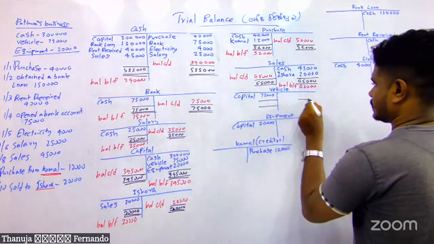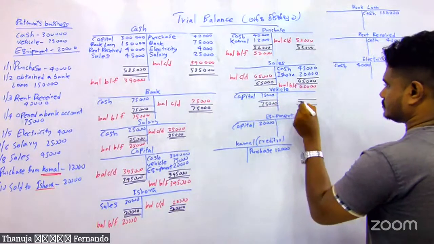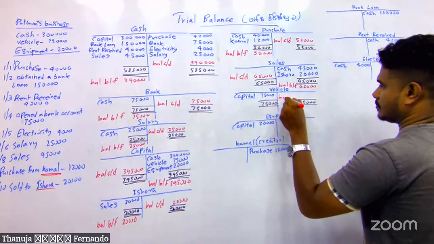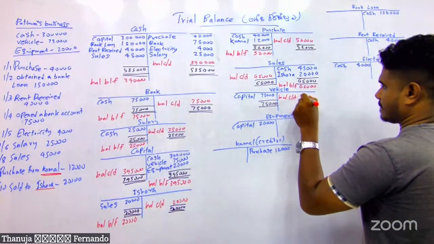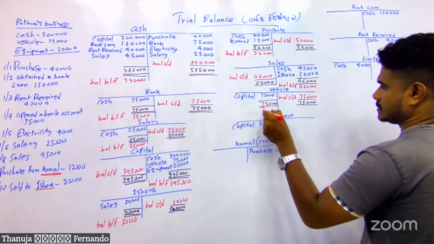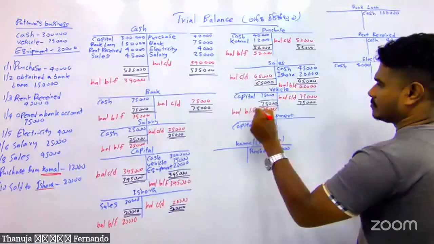Then capital 75,000. When we deduct 0, same, 75,000 and 75,000 as balance brought forward. Right.